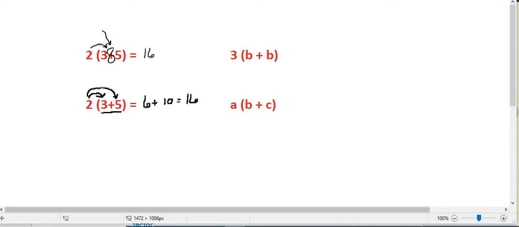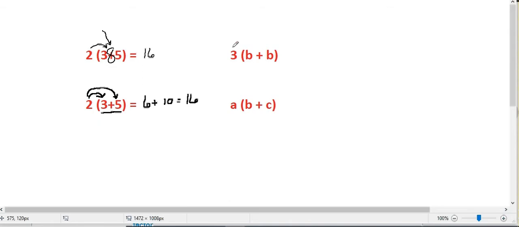Got it? So with letters now, or variables, I could add these, which is 2b, and then times it to get 6b.